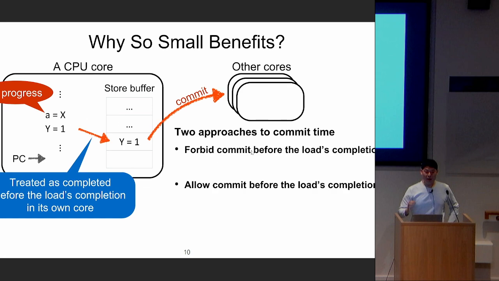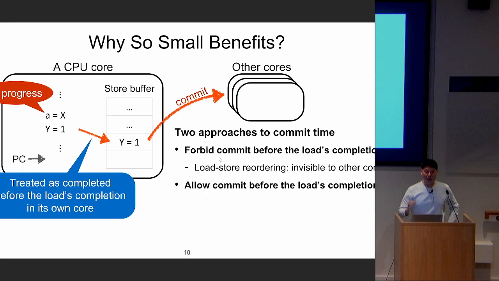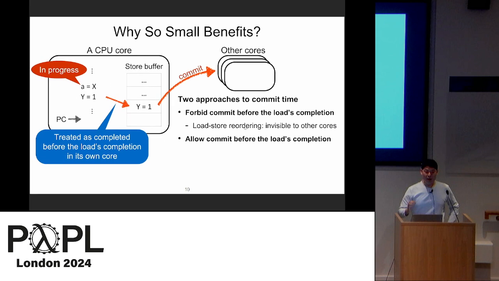So: forbid commit before the load completion, or allow commit before the load completion. If you forbid it, so that you commit only after all the preceding loads are done, then the load-store reordering is invisible to other cores.